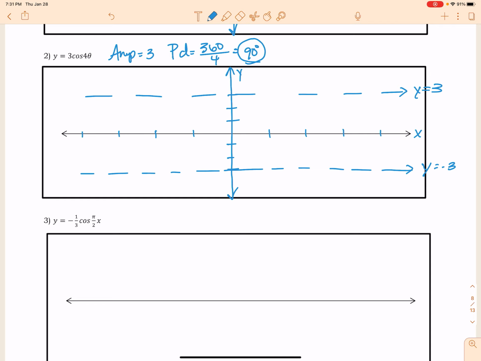So I'm going to have 90 on this side and 90 degrees on that side. So I'm going to have to divide 90 by 4. So that is going to be 22.5 degrees. And then over to the left, we'll have the same values.